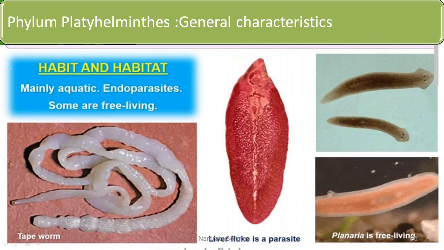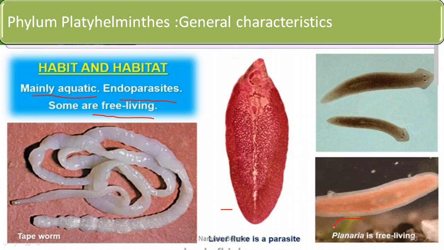Next characteristic, where these organisms are found, they are mainly aquatic. Some are endoparasites, so the liverfluke is an endoparasite. Some are free swimming.